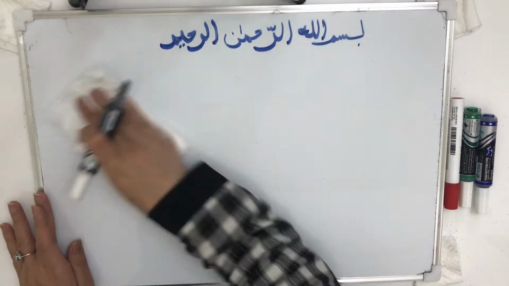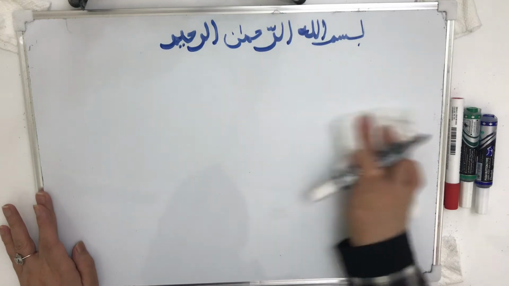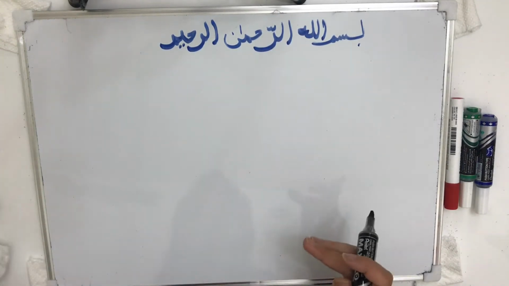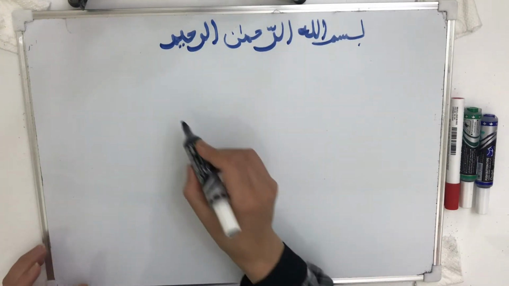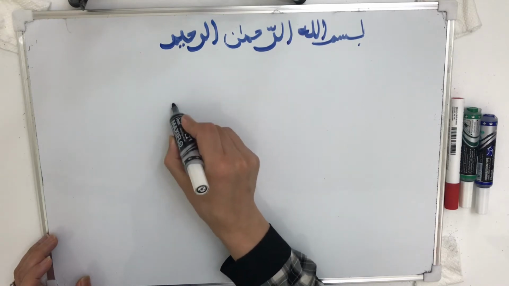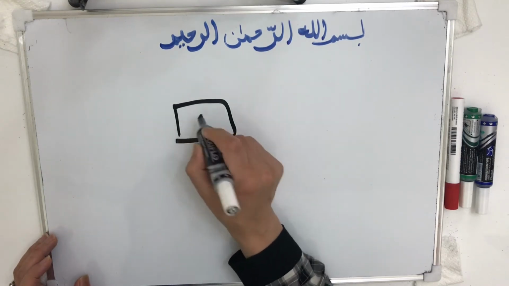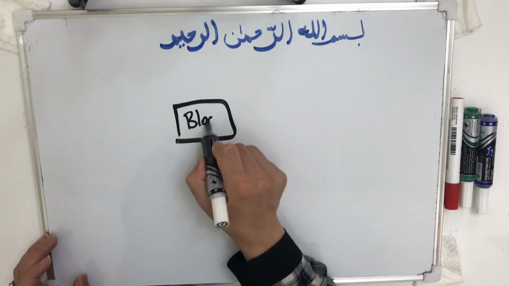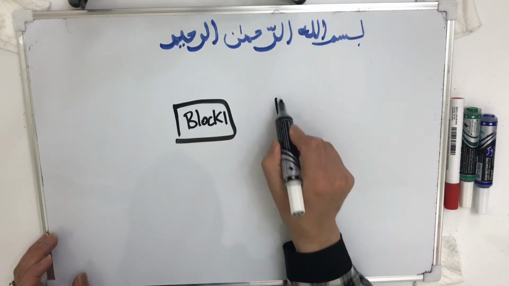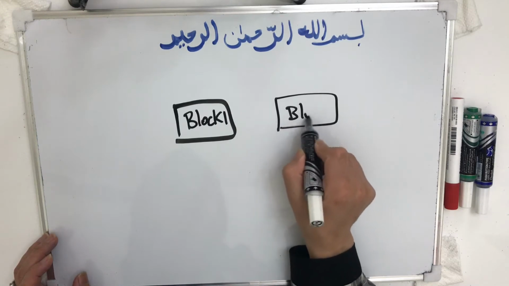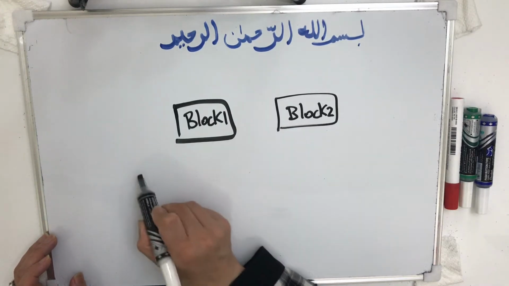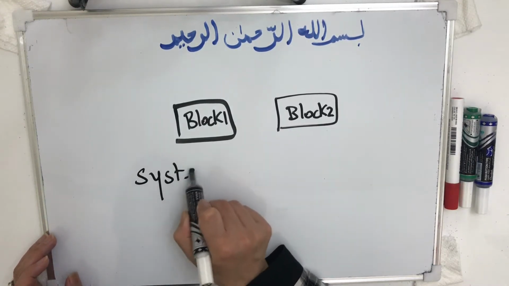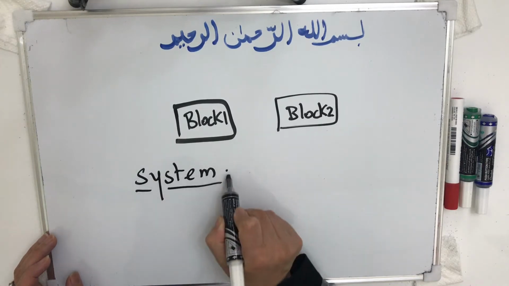Now that I'm a teacher, I can appreciate the struggles of my students. So delta P. Here I have, let's say, a block 1, and here I have block 2. When I talk about the system, this is of crucial importance.